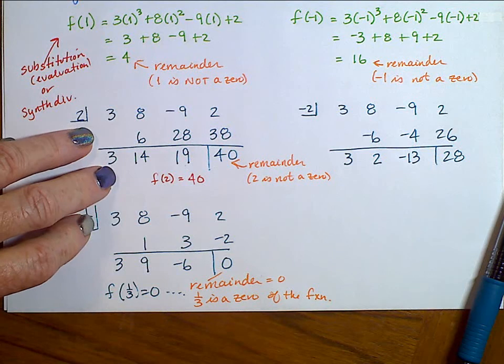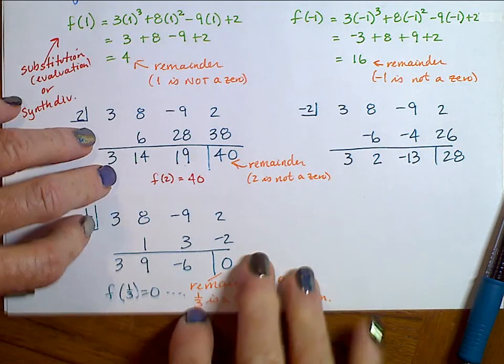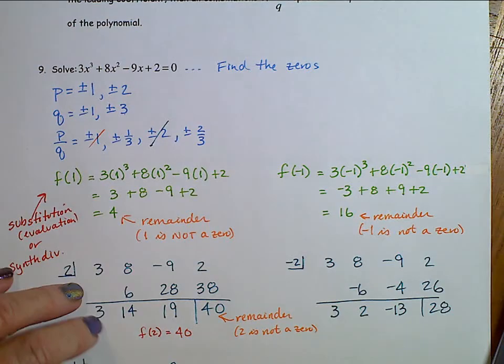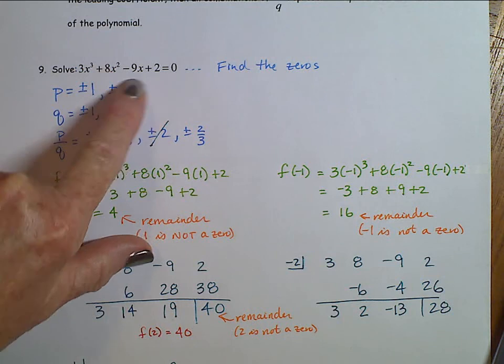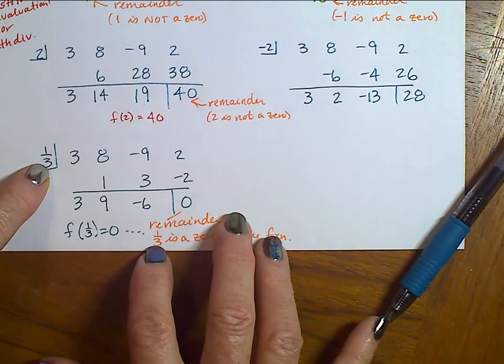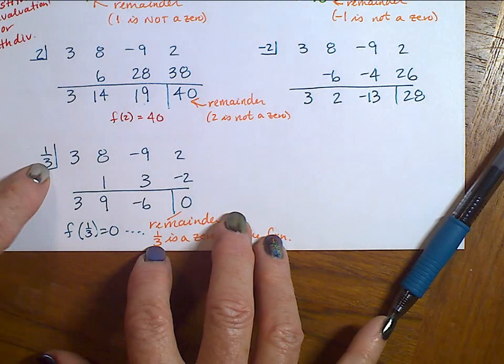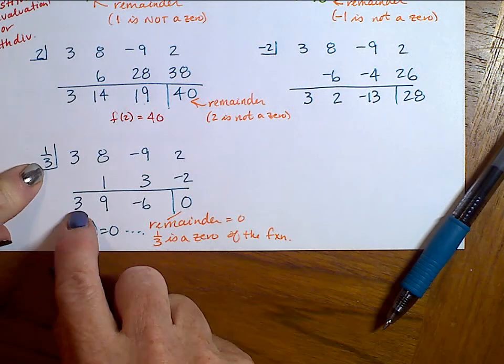All right, that's one of them right there, 1/3. Now, let's go back and talk for a second. This was a degree 3. We just divided out by a linear factor, so we're left with a quadratic.